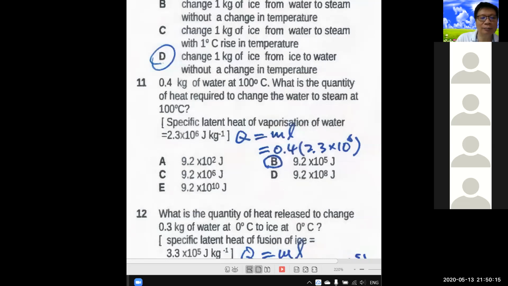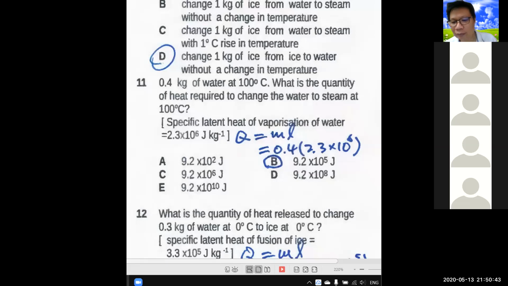What answer lah? Who, I cannot remember already. Chua Michelle, what answer? Number 12. Disappeared. Ho Wan Yin, what answer?